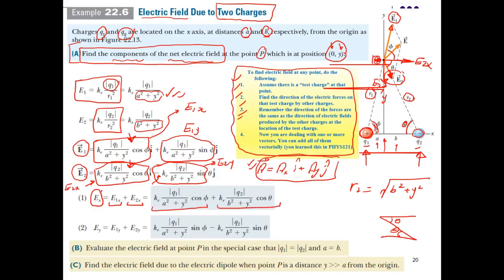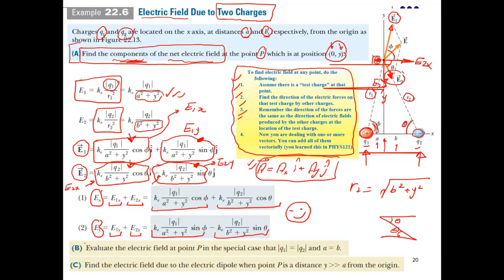What about total Ey? Well, it is equal to E1y plus E2y, which means this term plus that term. And that's what we're going to do here. That's done. That's what the question asks for. The question just says find the components.